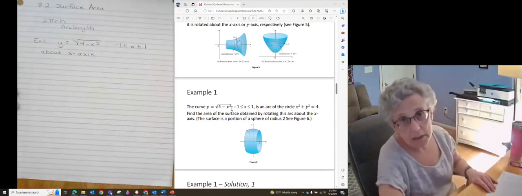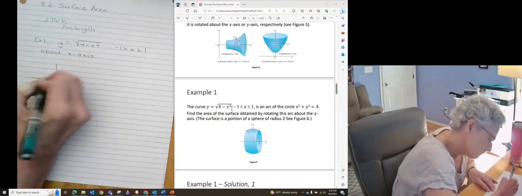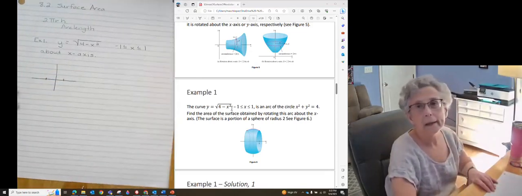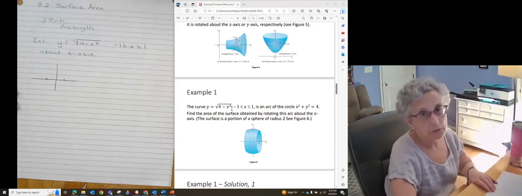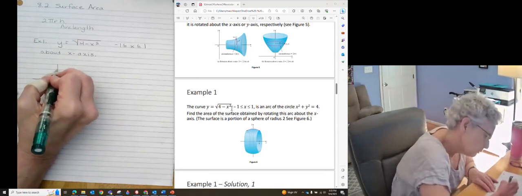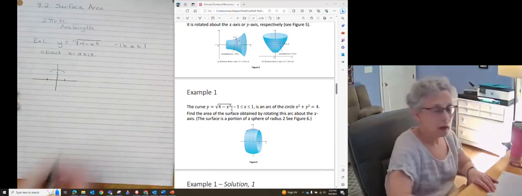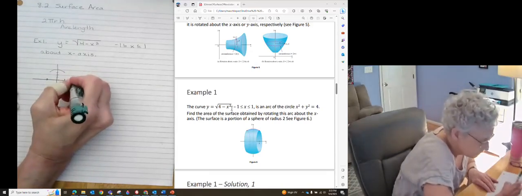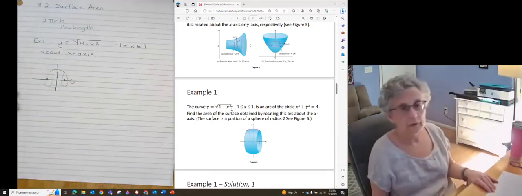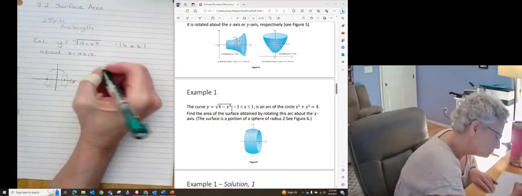I like to draw these things, so I'm going to make myself a set of axes. x goes from -1 to 1, and I know this is the circle with radius 2 centered at the origin. It looks something like that. We're revolving around the x-axis, so I get something that looks kind of like that, except not really, because that's a terrible picture.